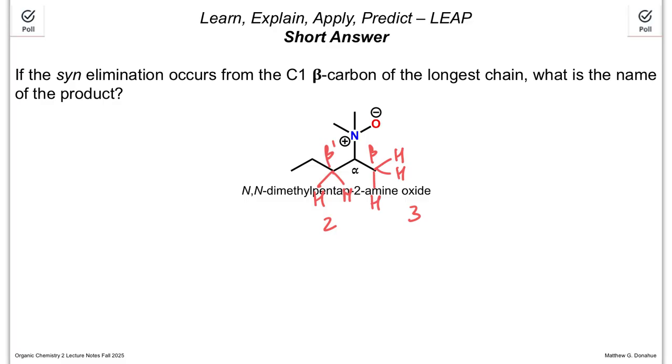And so we can kind of wrap this up real quick. An elimination will happen from those 2. And I'm just going to focus on those 2 carbons and just put an alkene there.